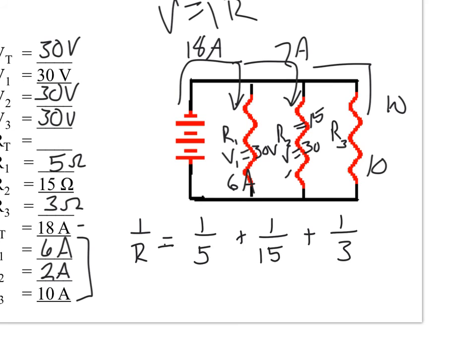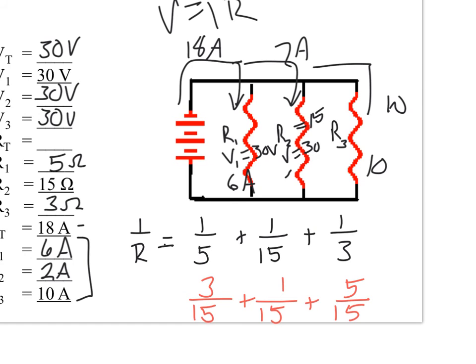Now later I'll show you how to do this in your calculator, but I've chosen numbers here that give us fractions that are not too complicated to deal with. So we're going to get a common denominator of 15. So to get 5 to be 15, I multiply by 3. To get 3 to be 15, I multiply by 5.